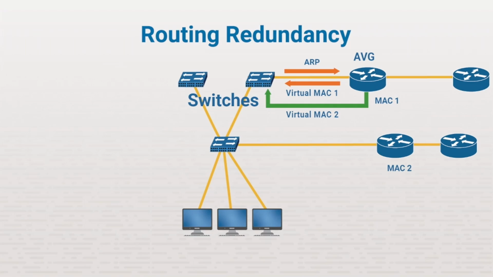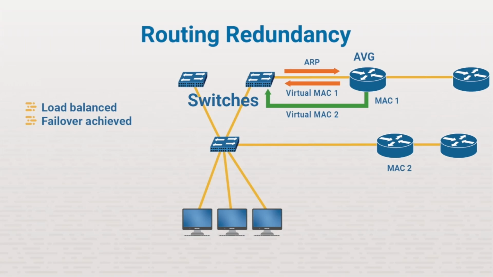Since the different MAC addresses are distributed equally among the network hosts, some hosts send frames to the virtual MAC address on one of the redundant routers, while other hosts send frames to the virtual MAC addresses on the other routers. Now that the load is balanced between the redundant gateway routers, single points of failure are eliminated.